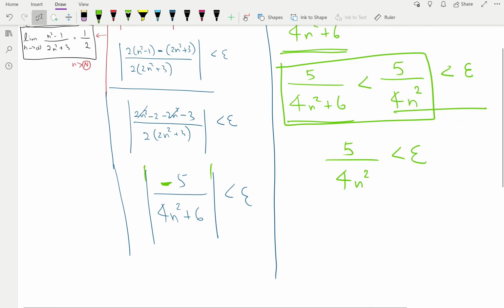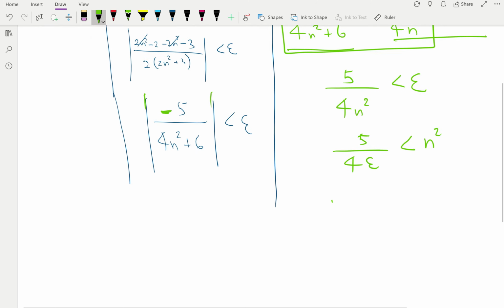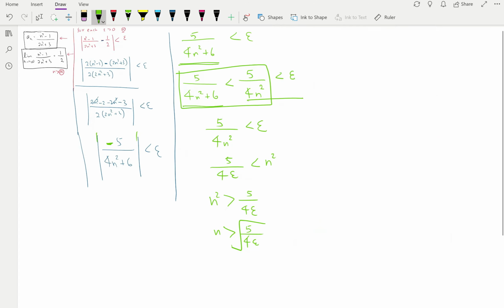Let's switch 4n square and epsilon. So it's going to be 5 over 4 epsilon, and we can rewrite it as n square is greater than 5 over 4 epsilon. So let's take the square root. We don't need to worry about the negative aspect of the square root because n is positive.